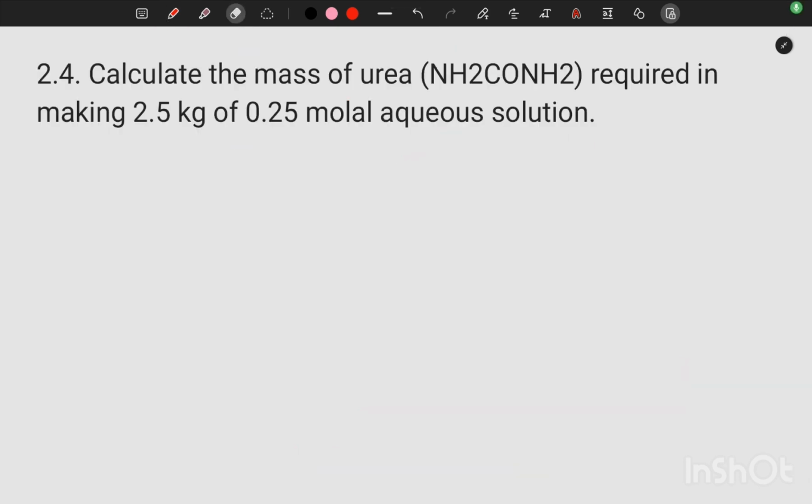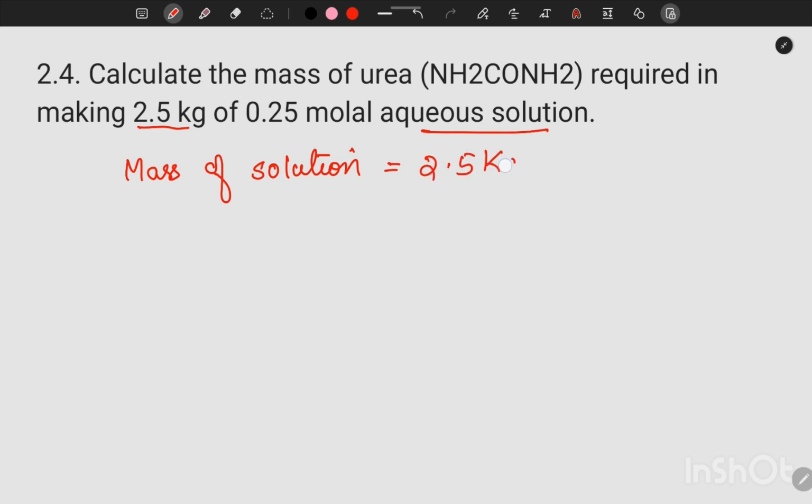Next question, calculate the mass of urea required in making 2.5 kilogram of aqueous solution. So mass of solution required is 2.5 kg. That means 2500 gram solution you have to prepare.